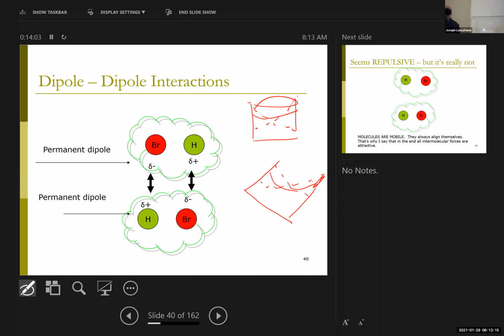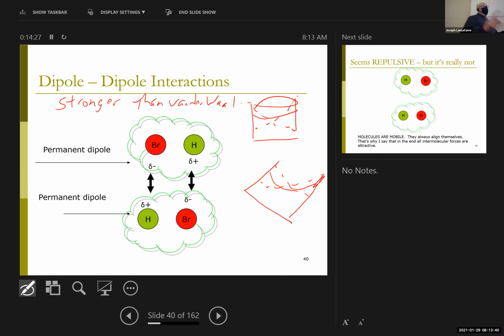Right. Which brings me really to the second point I want to make about dipole-dipole interactions. These are stronger than the van der Waal. I have a permanent dipole there. It's not flashing on and off, right?